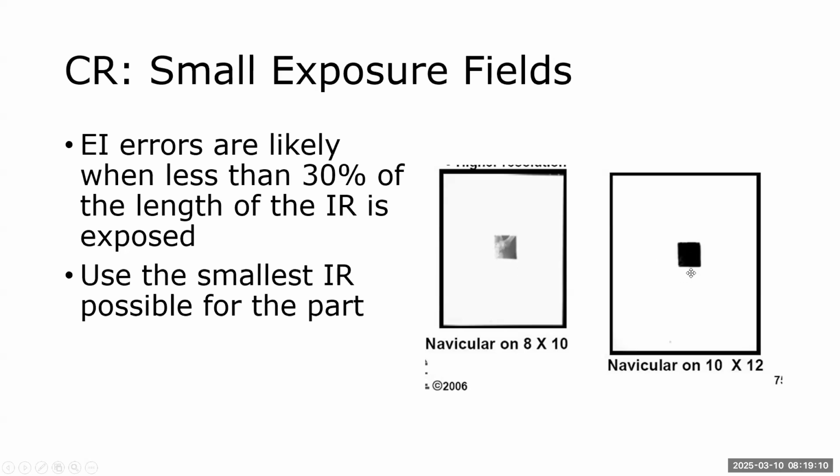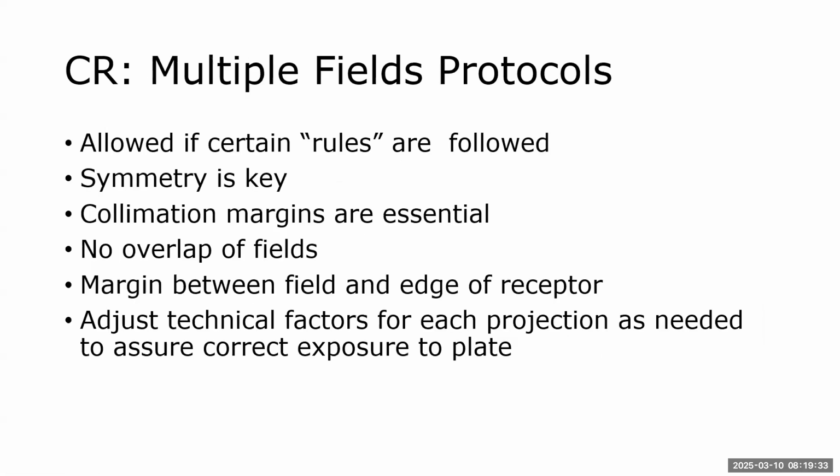Here, if the navicular was done on a 10x12, this is how it would display, and you'd think, oh my gosh, I have to do this over. But you really didn't. You just have to brighten it up. You'd have to physically change the brightness of the image for it to show up. The reason is that it didn't cover at least 30% of the IR, so the histogram analysis was not accurate.